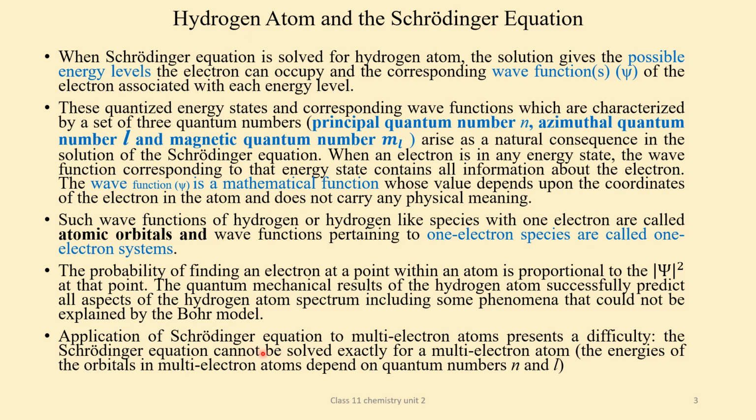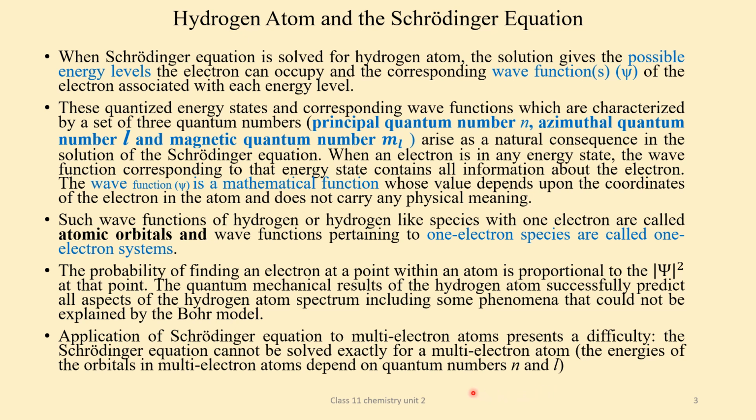Application of the Schrodinger equation to multi-electron atoms presents a difficulty. Scientists found that predicting the applications for a hydrogen atom is easier, but the application of the Schrodinger equation to multi-electron atoms was a difficulty.